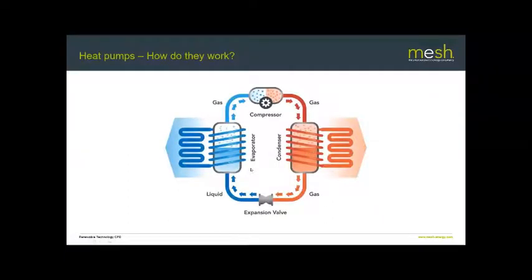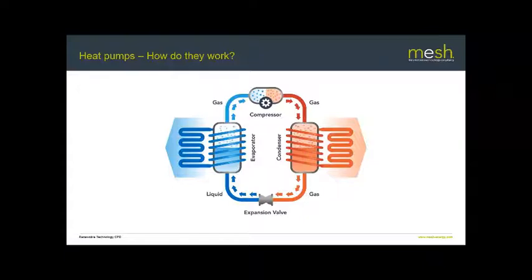So this is the basics of how a heat pump works. You'll see on the screen a diagram showing a basic refrigeration cycle. Heat goes into the evaporator. The refrigeration cycle effectively amplifies this heat to turn it from low-grade heat to high-grade heat.